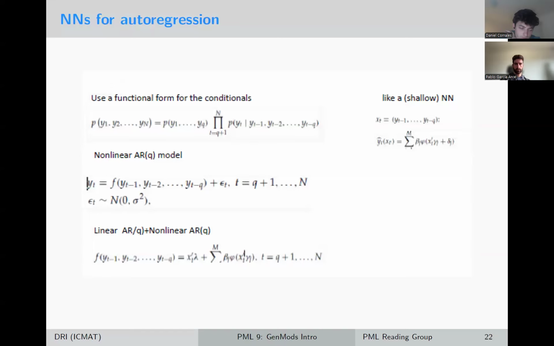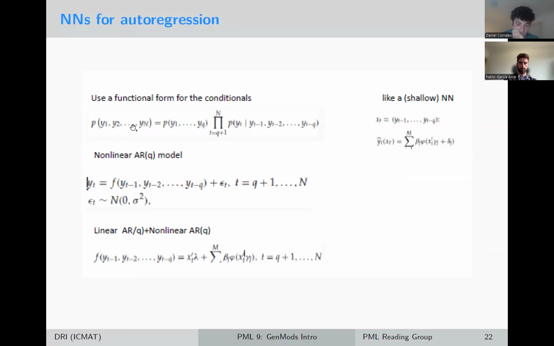So an alternative is to use a neural network for autoregression, right? And here I'm explaining some early work using neural networks for autoregressions. Please allow me, I changed the x's to y's here, and I didn't have time to retype everything.